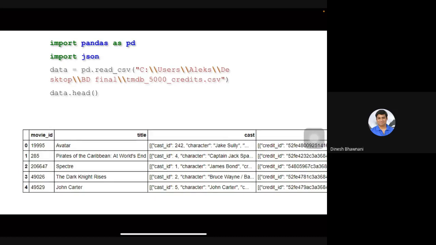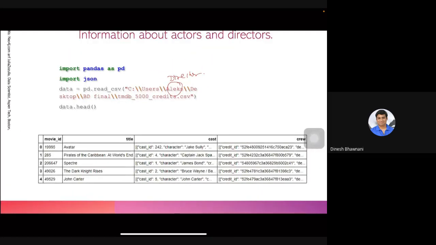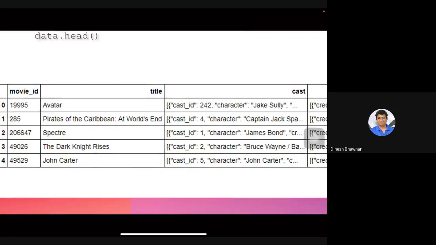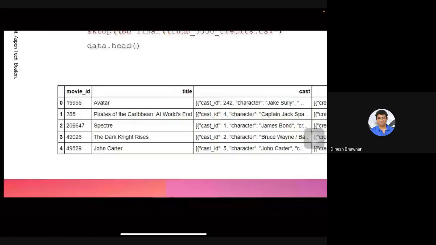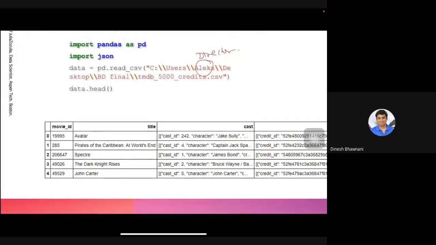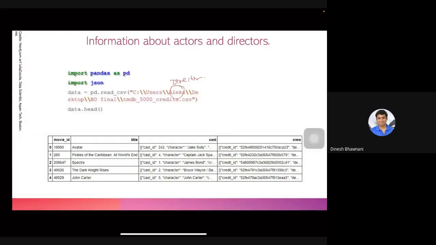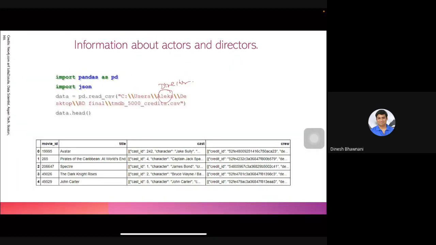Then point it to your directory, on your desktop, wherever it has come from, and you read that. And then data dot head. So then you start getting to look at all the headings that are there, and you will also be sure that your machine is able to at least read it inside pandas. Otherwise, you have to switch your machine.